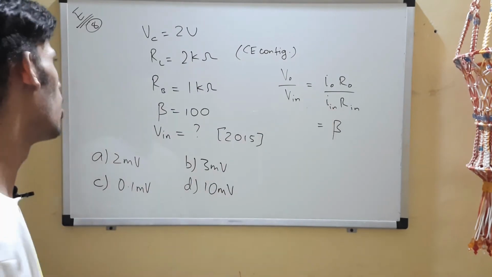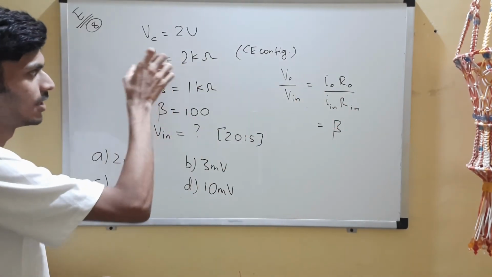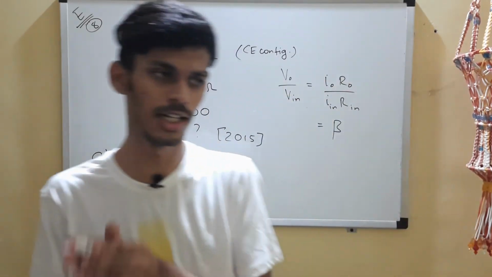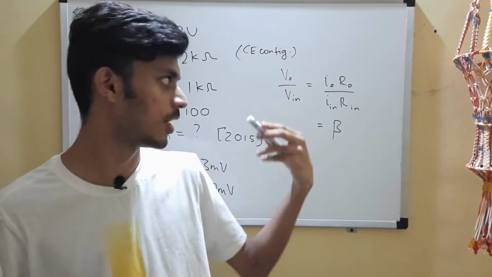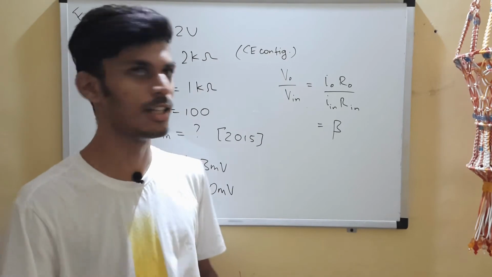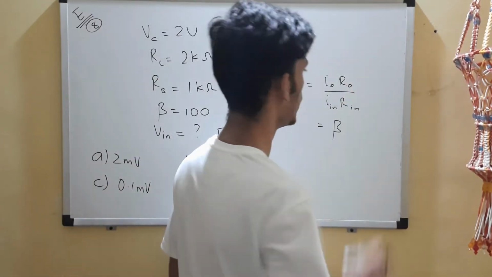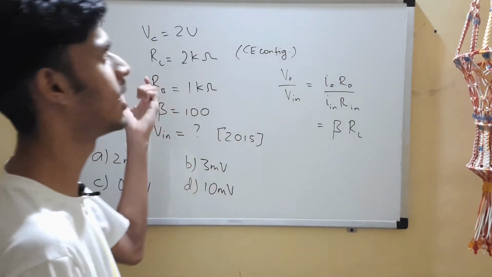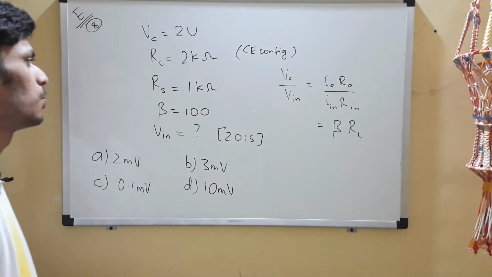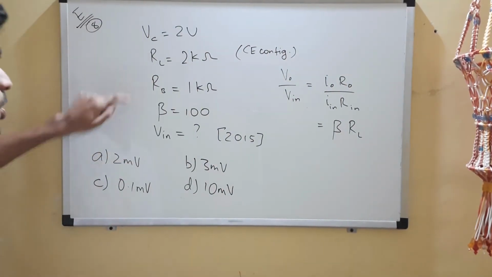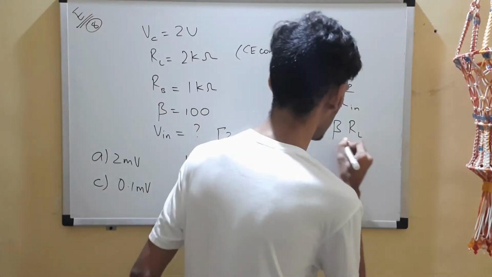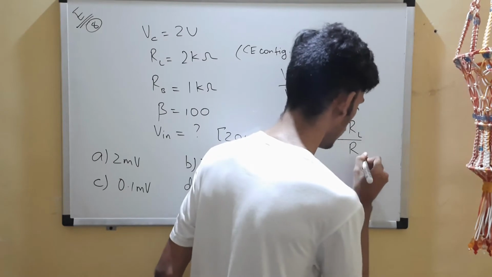Now what will be the output resistance? The output resistance is the load resistance over here. Okay, in many cases the load resistance is referred to as output resistance. You might have seen it in your NCERT that you write RL in place of your output resistance. Okay, so the load resistance is nothing but the output resistance in our case, and the input resistance, since base is on the input side, here the input resistance will be the base resistance.